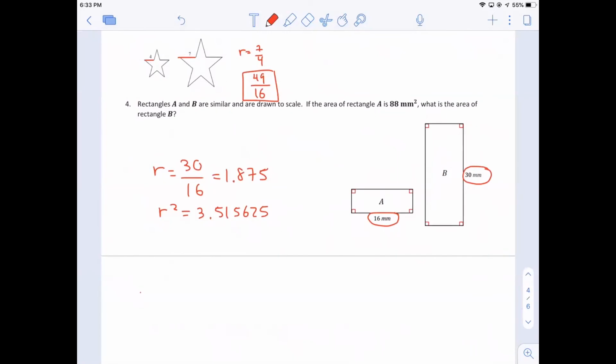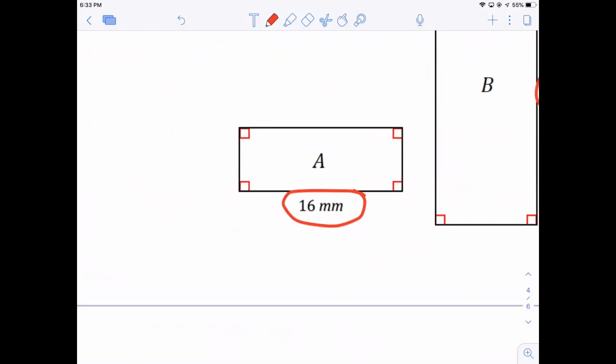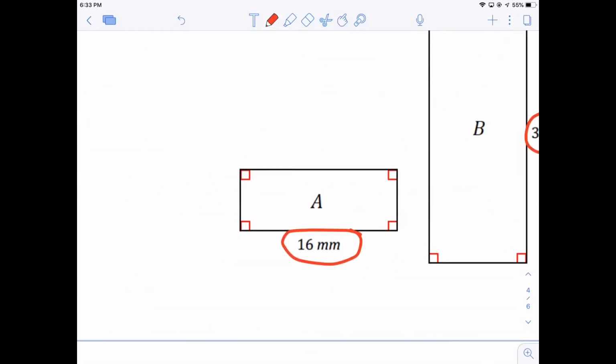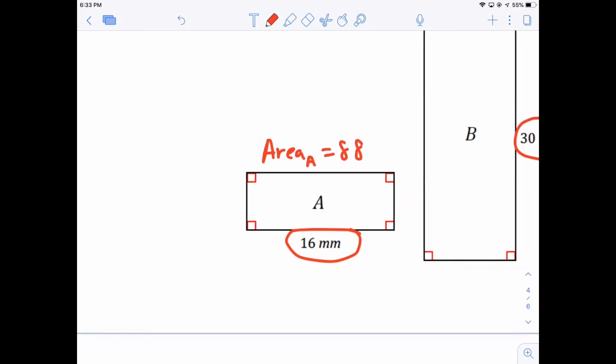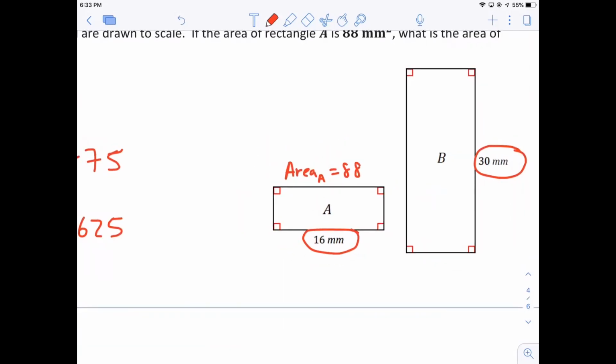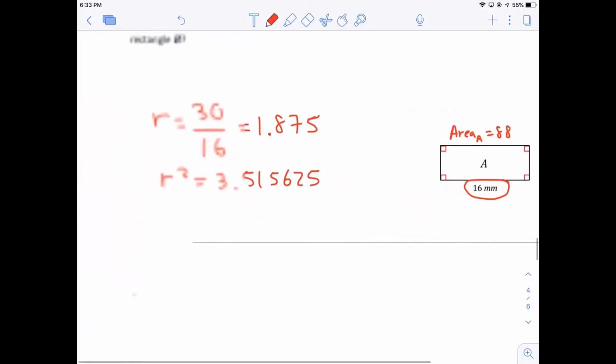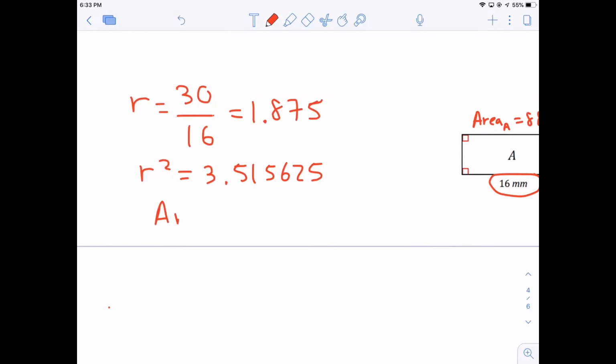So if the area of rectangle A is 88, area of A equals 88, and the area of B is going to be 88 times that number we just found before. Right, area of B is going to equal 88 times R squared. And R squared, of course, is right there.